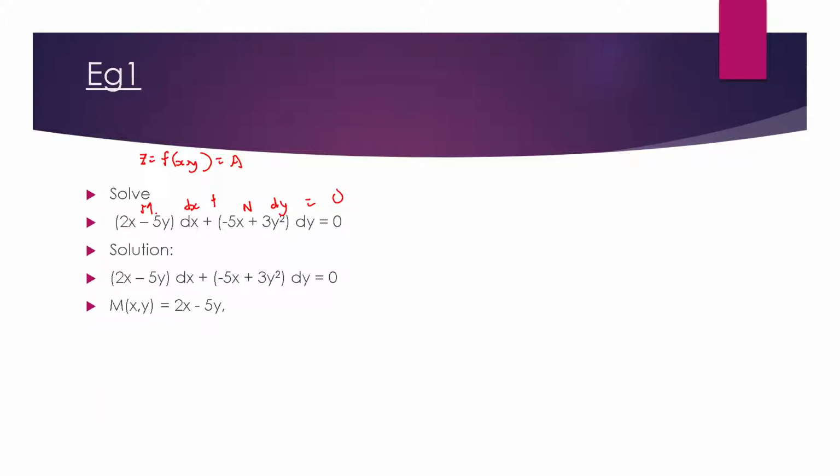M is the coefficient for dx, so you differentiate it with respect to y: del y of 2x minus 5y gives negative 5. The coefficient for dy, you differentiate with respect to x, and we also obtain negative 5. Since del M del y equals del N del x, as shown in the beginning, this differential equation is an exact differential equation.